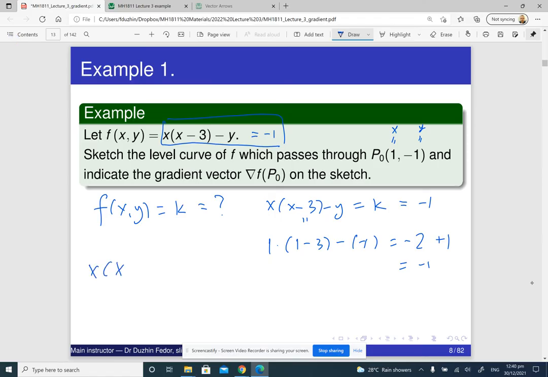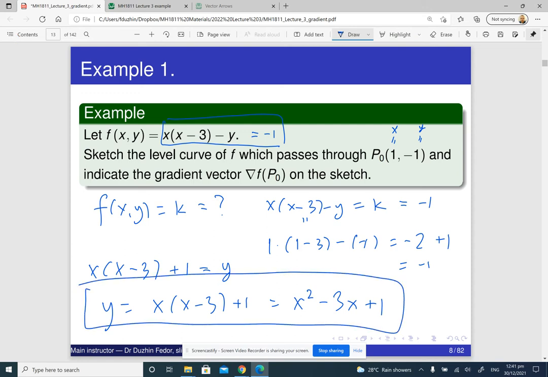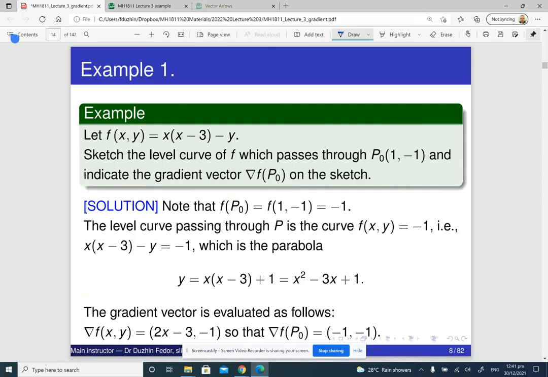So x times x minus 3 plus 1 equals y, or y equals x times x minus 3 plus 1, or to differentiate it, it's probably easier if I rewrite it as x squared minus 3x plus 1. So this is my f, and now the question is to sketch the level curve. So the first thing to do is to sketch the level curve. So let me sketch the level curve.